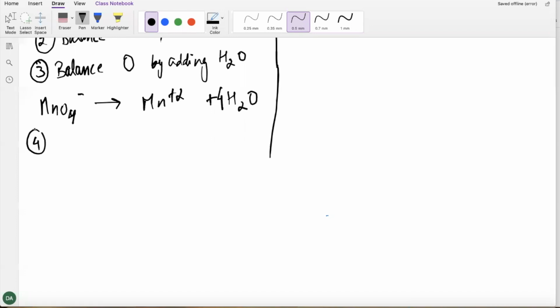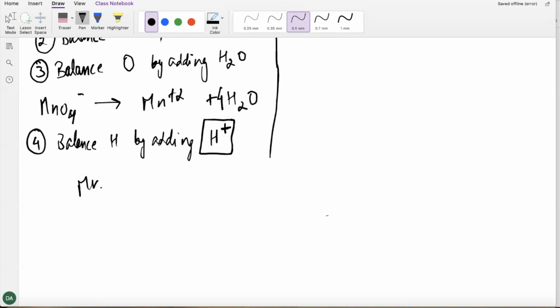So our step number 4 is to balance hydrogen by adding H plus. Guys, I do not want you to forget this, that it's H plus and not just H. It's very common that you will forget that it has a positive charge. It's H plus that you add. Now, I'm going to rewrite that reaction again.